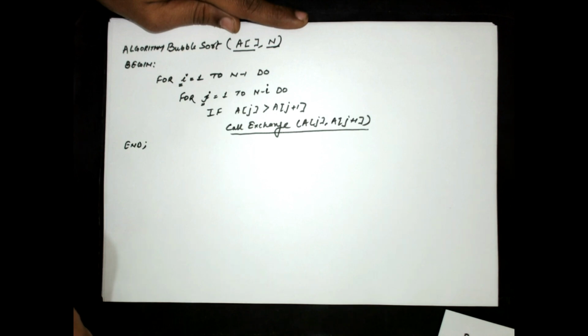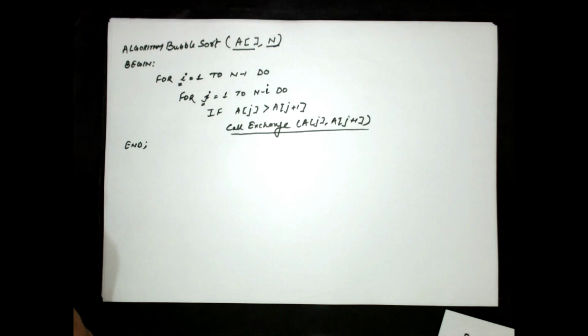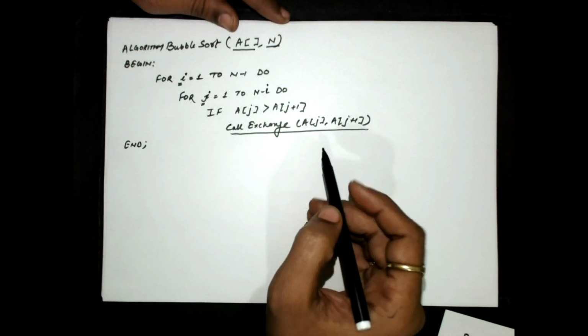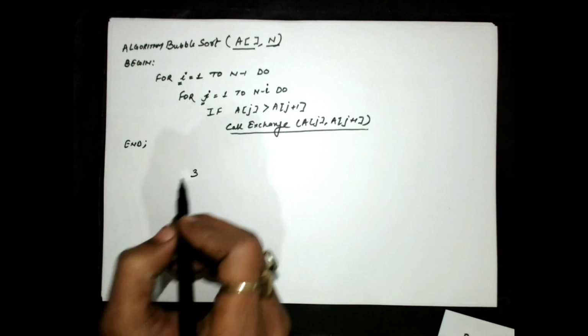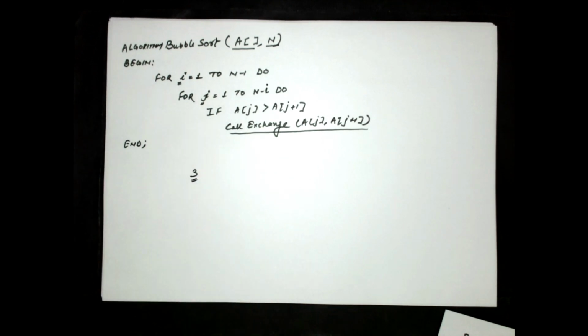The process of exchanging two elements can be based on taking a third element, but it can also be done without taking a third element. So let's say we are taking a third variable. The extra quantities are 3: i, j, and a third variable t. So space complexity will be incurred because of these three variables.